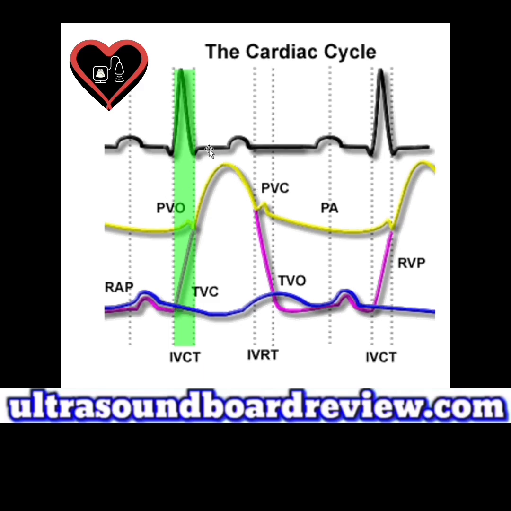Be very aware of your EKG and your Wigger's diagram, and be able to answer what starts and ends IVCT, what happens just before IVCT, and what happens right after IVCT. What happens immediately preceding IVCT is your atrial kick, late filling, late diastole.